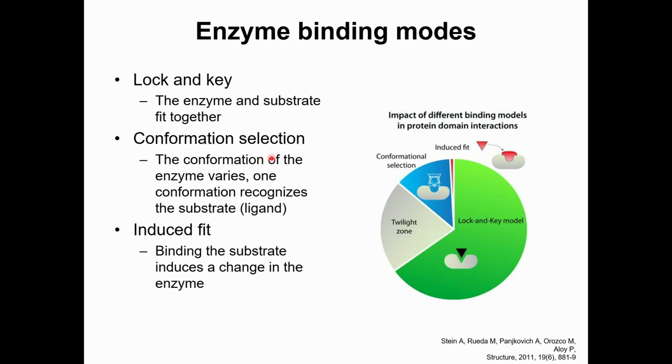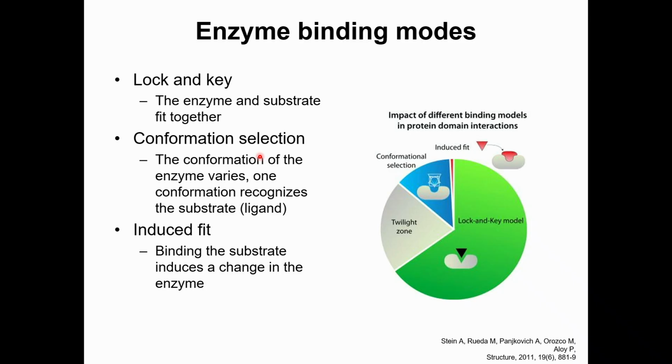In some cases, people have found that when the substrate binds to the enzyme, it locks it into an active state. So the act of substrate binding stabilizes a particular structure of the enzyme, which is then active. That mechanism is called conformation selection.